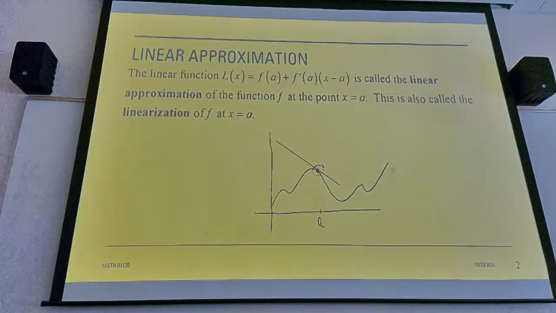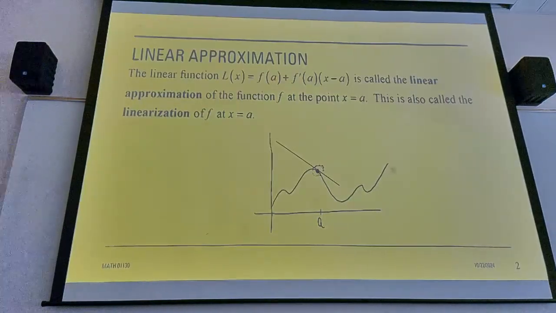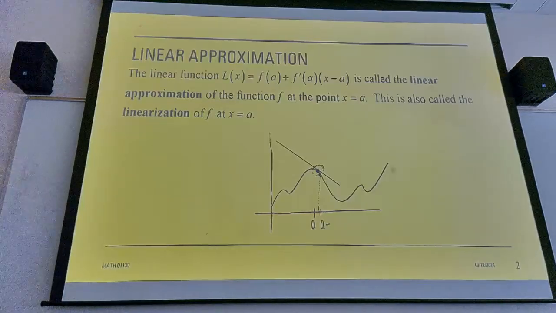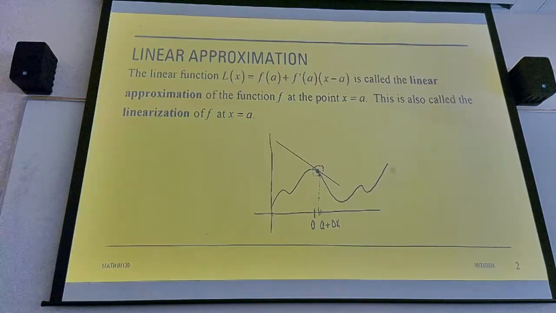So for points close to that A, we can just say, oh, well, it's just the straight line. And we know how to evaluate a linear function. It's very easy. So it would allow us to approximate what that function value is. That's what's going on here.